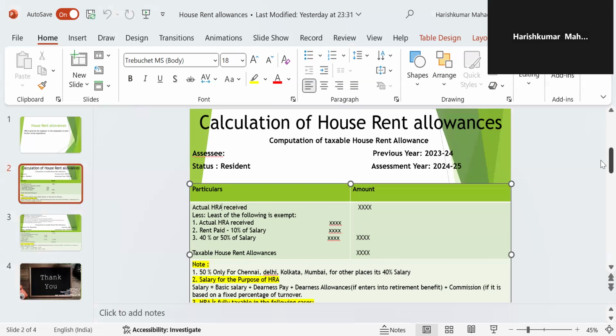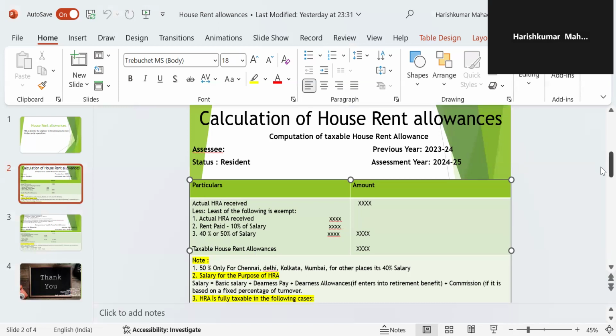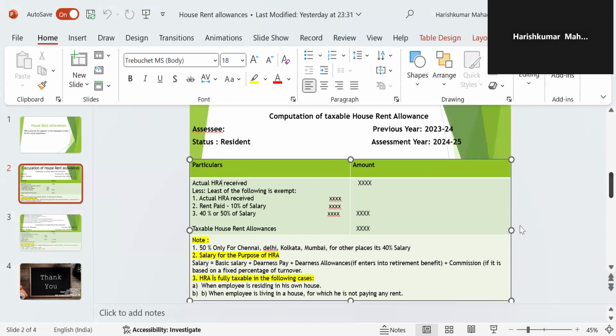Here, an important point is: check note number 3. HRA is fully taxable in the following cases. When the employee is residing in his own house, it is fully taxable. For example, if you are receiving HRA but you are staying in your own house, that is fully taxable because you are not paying any house rent.